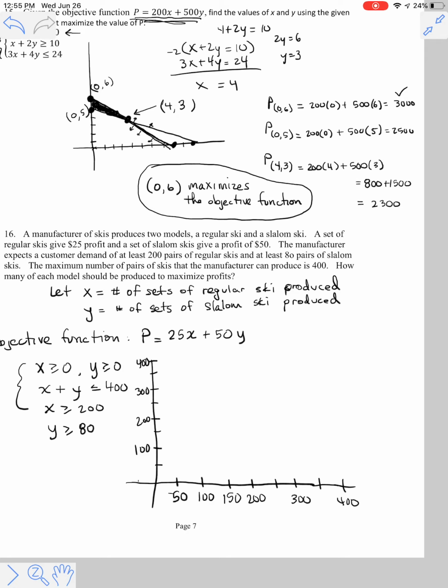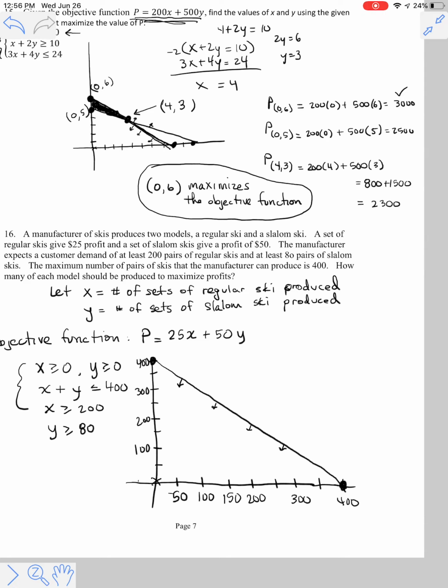The first two constraints, x and y greater than or equal to 0, that just tells us we're going to be staying in this quadrant right here, quadrant 1. X plus y less than or equal to 400. Both the x and y intercepts are 400, and it's less than or equal to, so it's going to be a solid line. I'm only graphing the portion in the first quadrant. And if I substitute 0, 0 as a test point to figure out the shading, I would get 0 plus 0, which is 0, and 0 is less than 400, which is true, so I'm going to be shading underneath towards the test point.